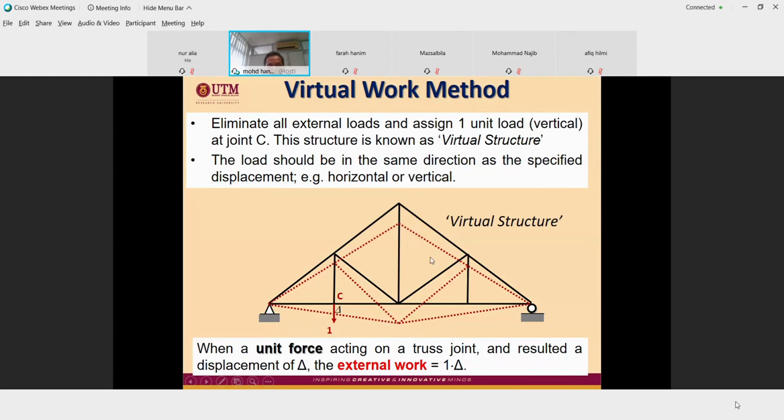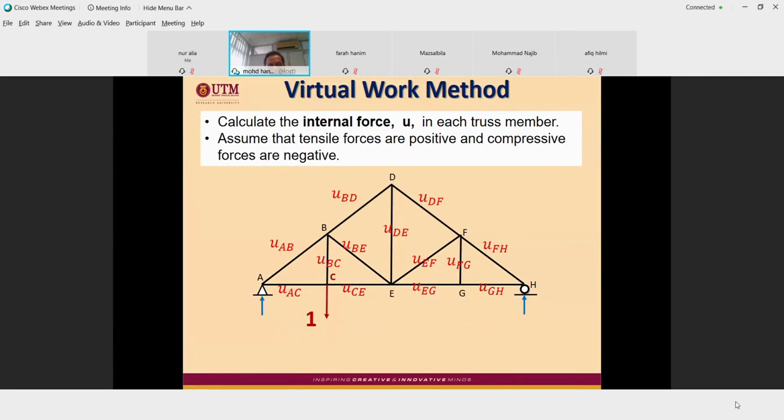If there is no deformation at all, there will be no overall deflection. Only when all members deform do we have deflection. Okay. So due to the unit load, this is the internal force.